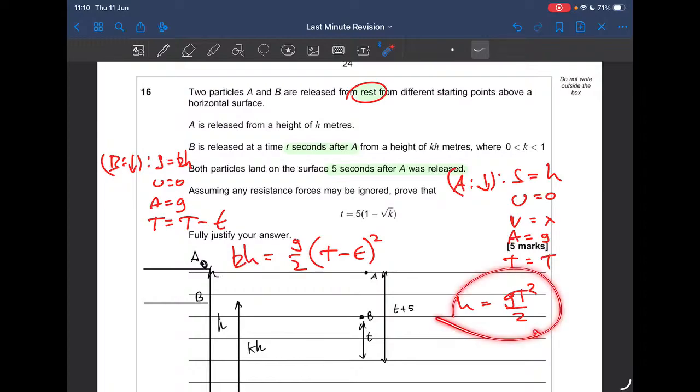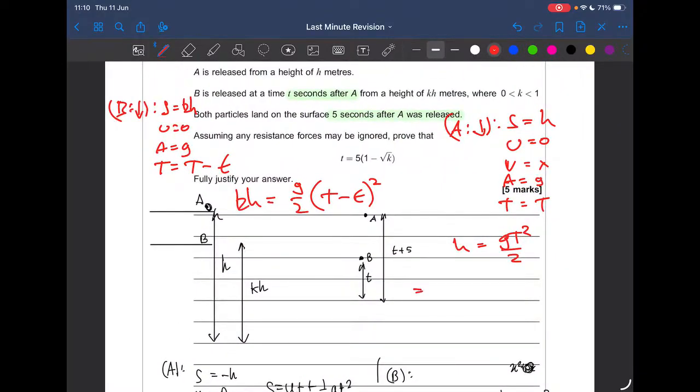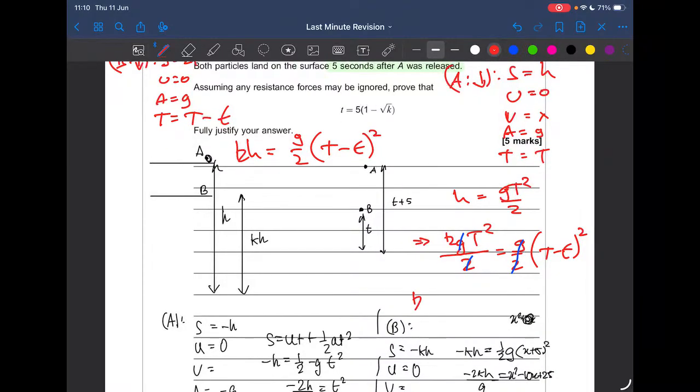So can we plug in there? Yeah, let's plug in that for H. So we'll have k times this: k g T squared on 2 equals g on 2, T minus t, all squared. The g on 2 can cancel, so we have kT squared equals, expanding that bracket out, big T squared minus 2Tt plus little t squared.